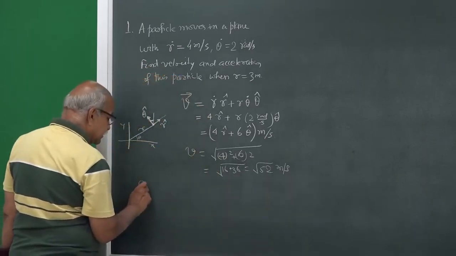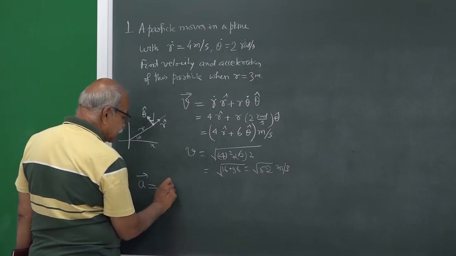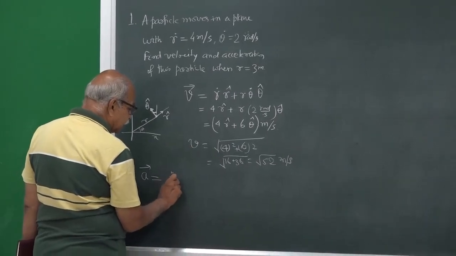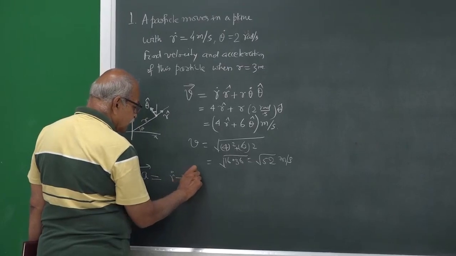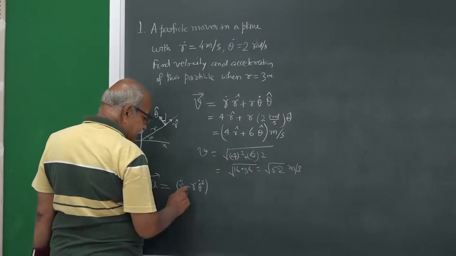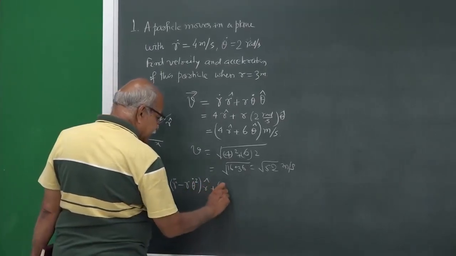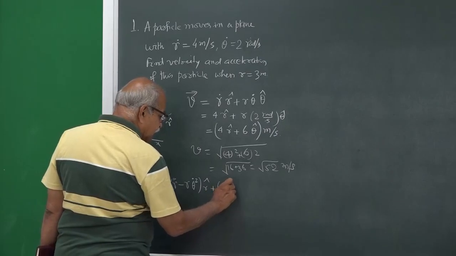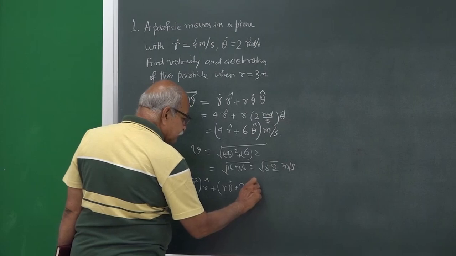Then for acceleration, the radial component is r double dot minus r theta dot square, in the r cap direction, and the transverse component is r theta double dot plus 2 times r dot theta dot.